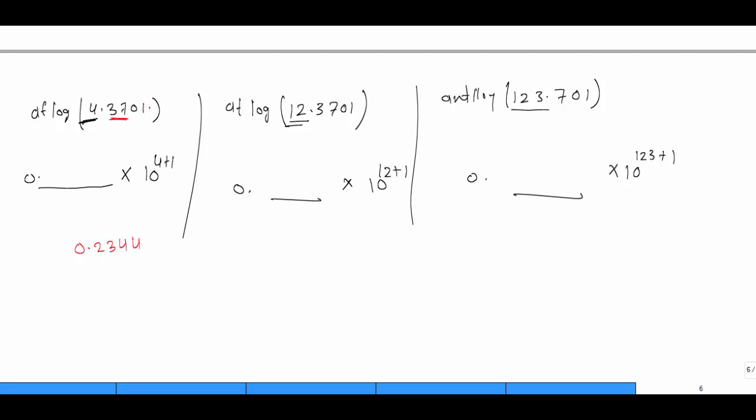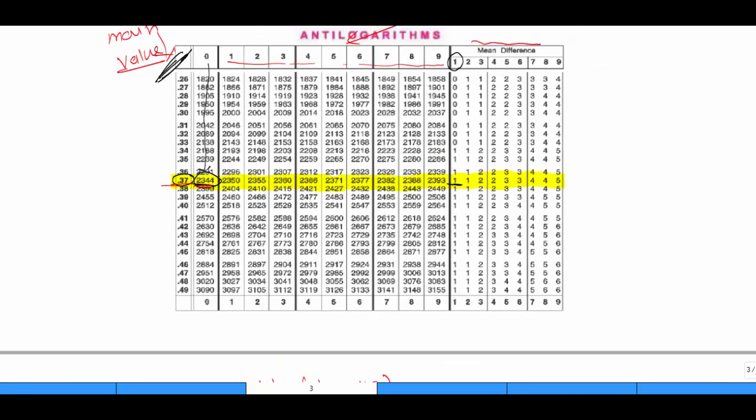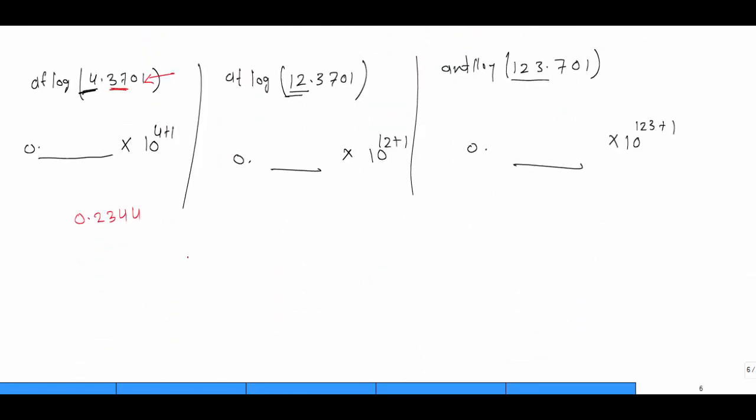Then we'll see what the mean difference is. The mean difference is 1, so we look in the mean difference table for 1. Here it is, the value 1. That will add up there, so this plus 1. You'll get the total value 0.2345. So you'll get the answer 0.2345 into 10 raised to the power 5.